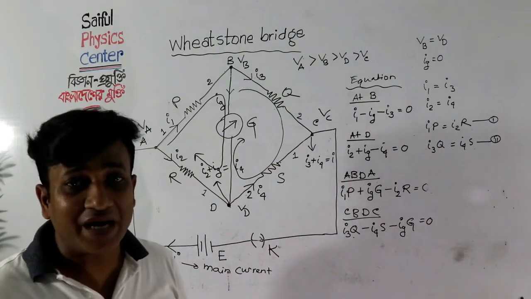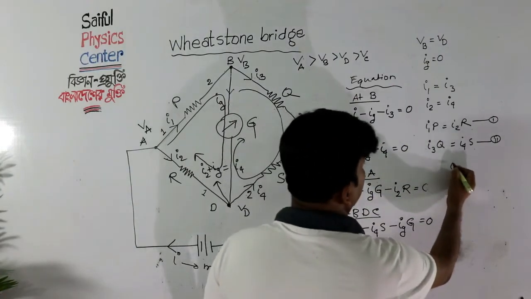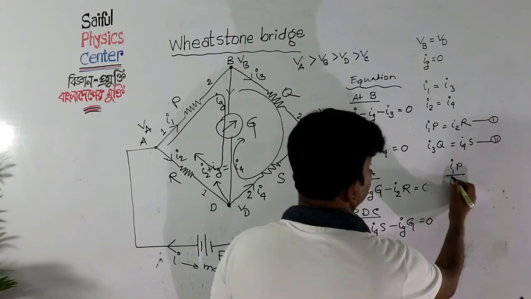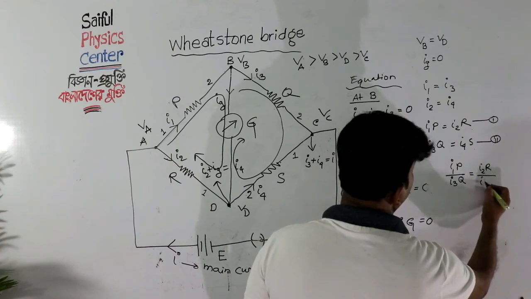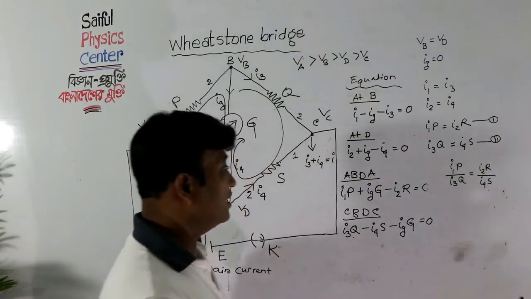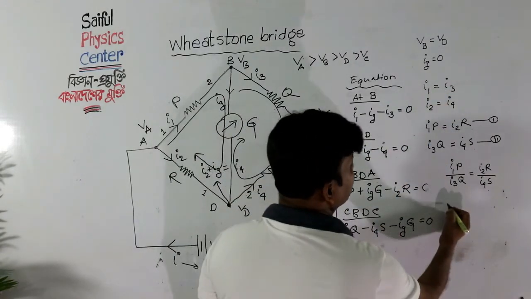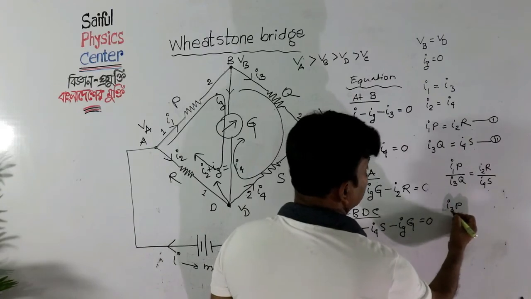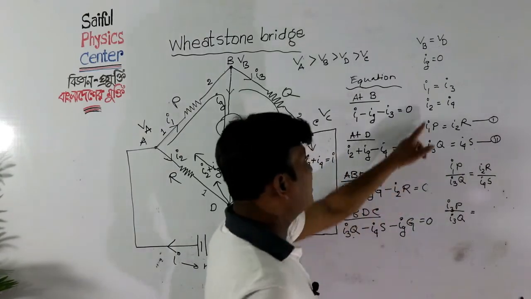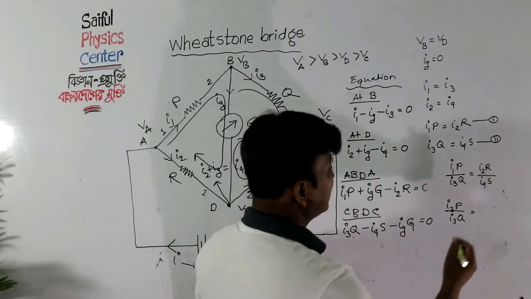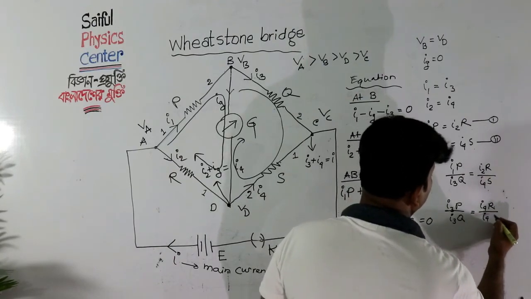Now, if we divide equation 1 by equation 2, we get I1P divided by I3Q equals I2R divided by I4S. Now here I1 equals I3, so we can write I3P divided by I3Q equals, here I2 equals I4, so we can write I4R divided by I4S.